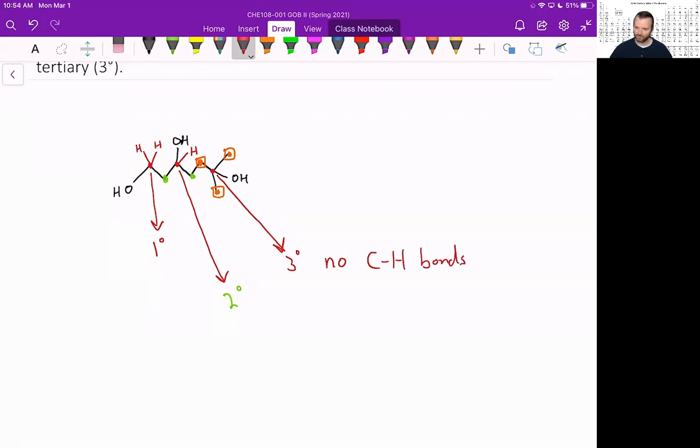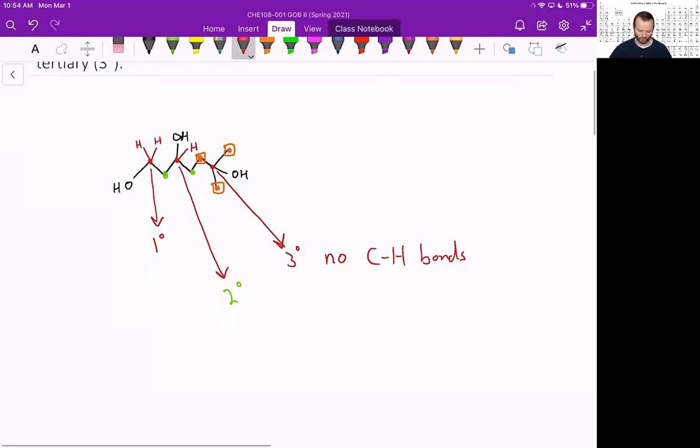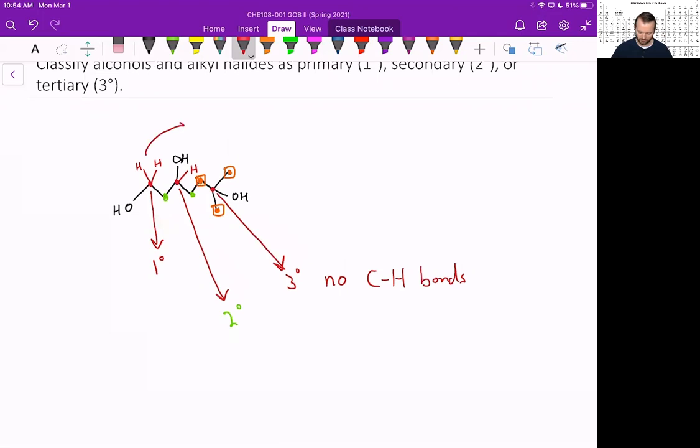Now, why this matters is the types of reactions that alcohols undergo are going to depend on the number of carbon-hydrogen bonds. So, for example, a primary alcohol has 2 carbon-hydrogen bonds. It can undergo 2 rounds of oxidation.